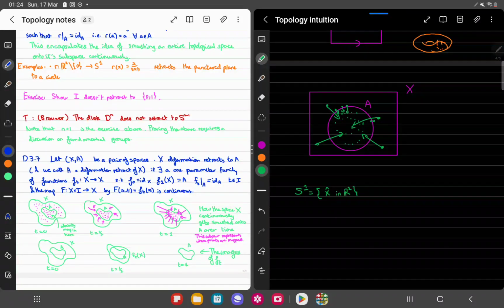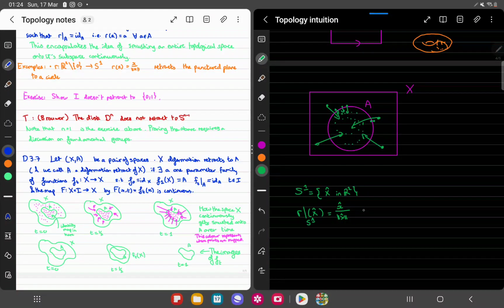If I did r of x hat, restricted to S1, then this would be equal to x hat over norm of x hat.